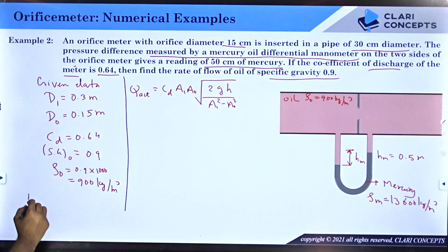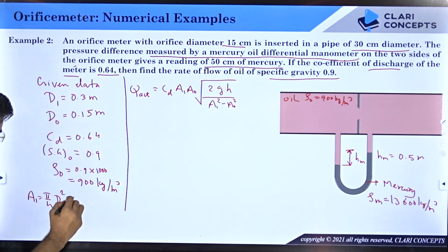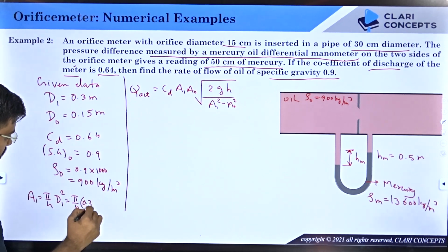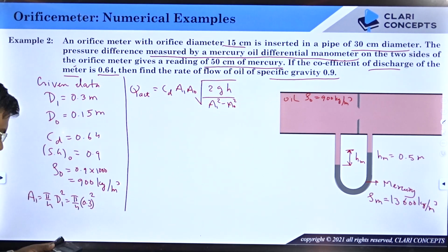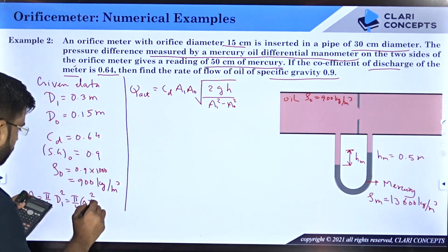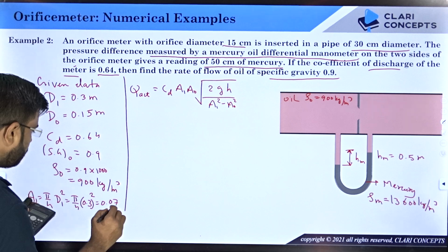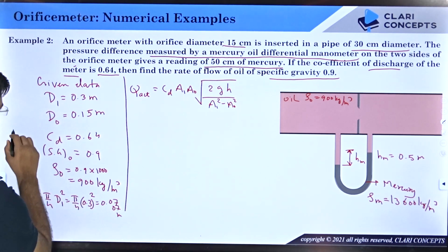So what is A1 first? A1 is equals to pi by 4 D1 square, which is pi by 4, D1 is 0.3. What is the answer? pi by 4 into 0.3 square, you will get 0.0707 meters square.